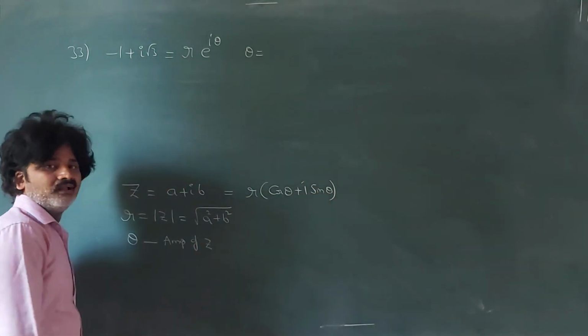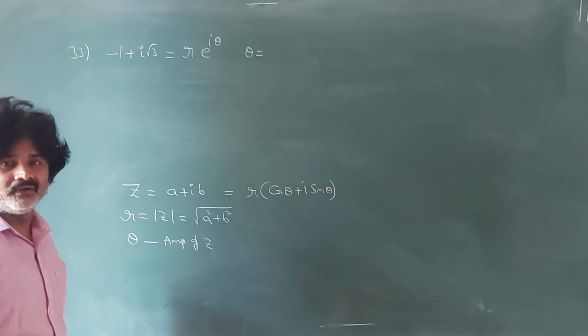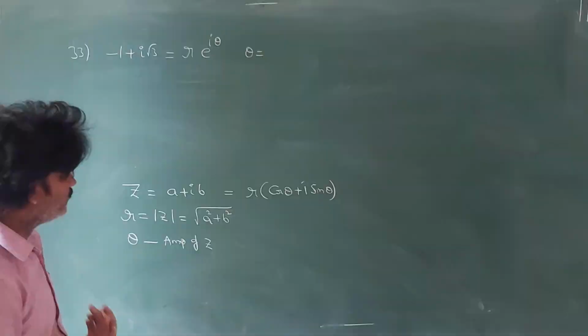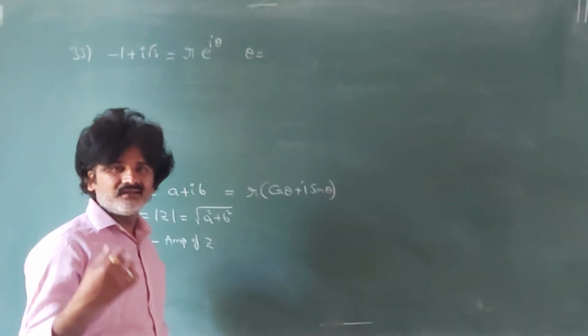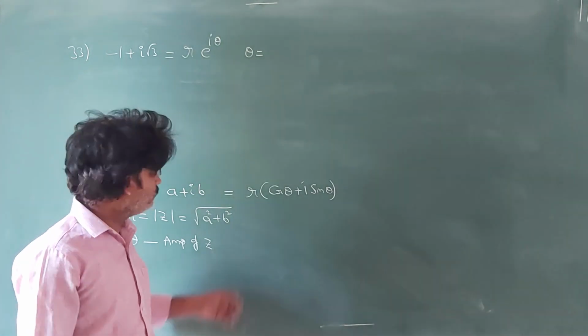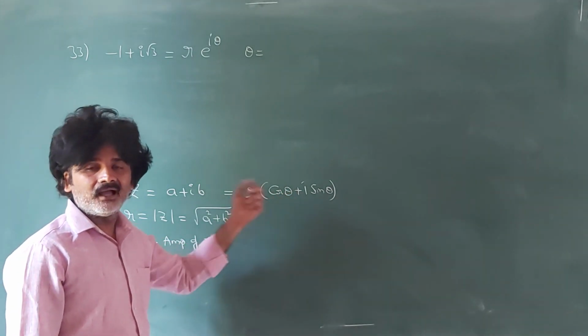This is called the polar form or mod amplitude form of a complex number. All this I explained in the subjective. That is the reason I again posted the subjective videos last week. So here r is called the modulus and theta is called the amplitude.